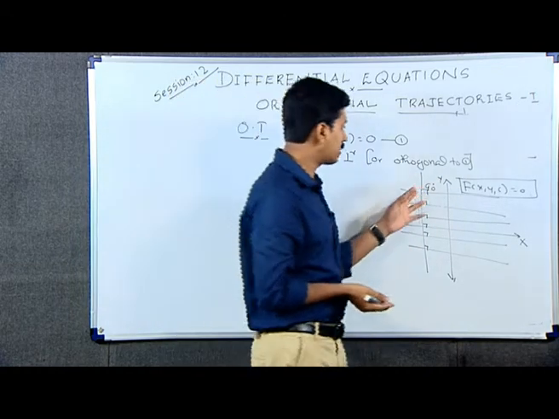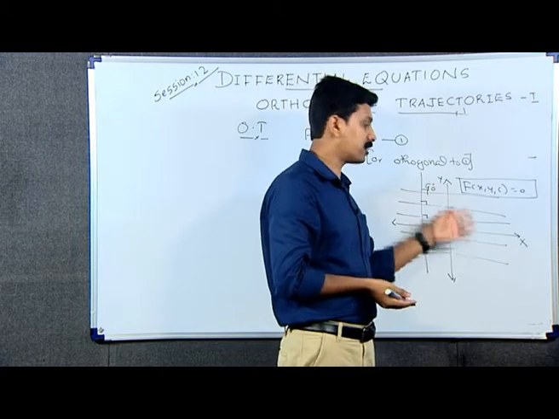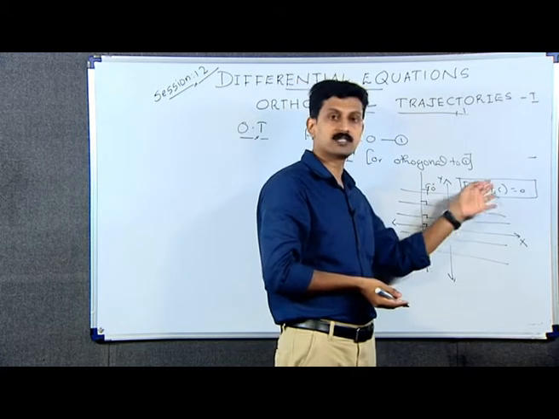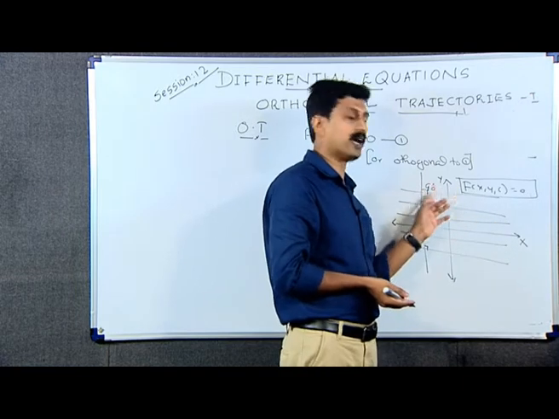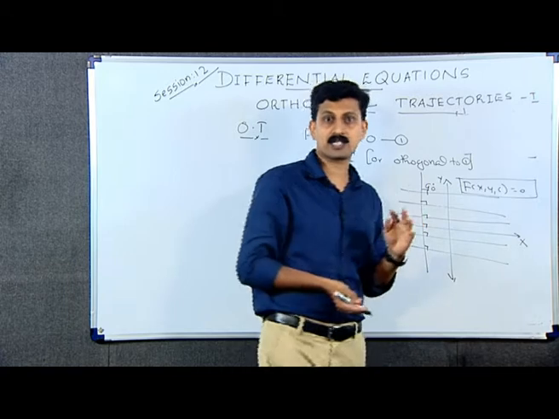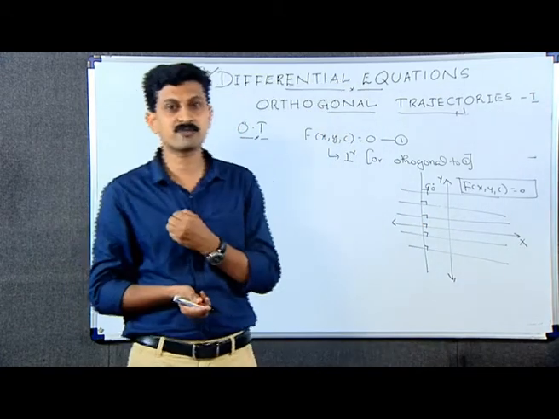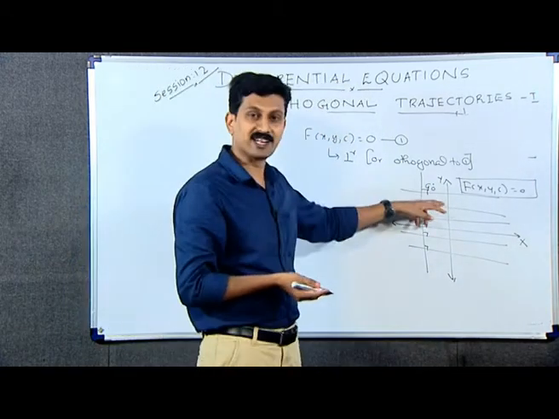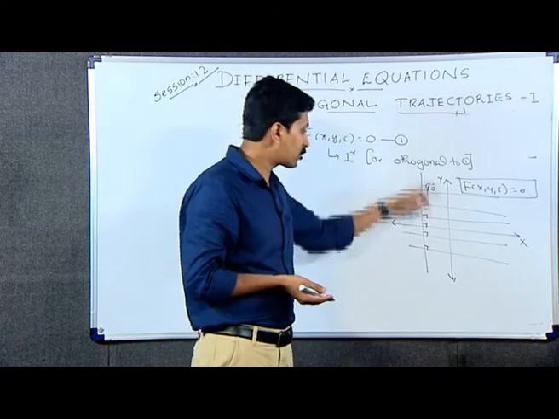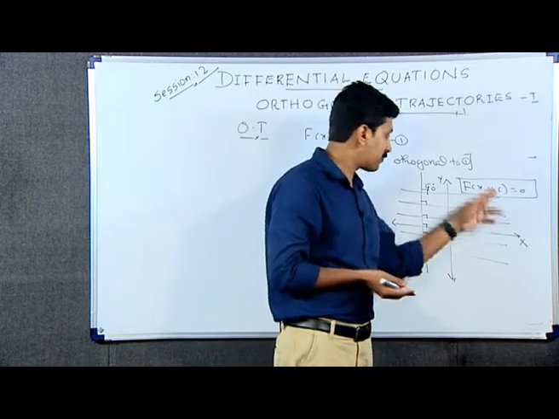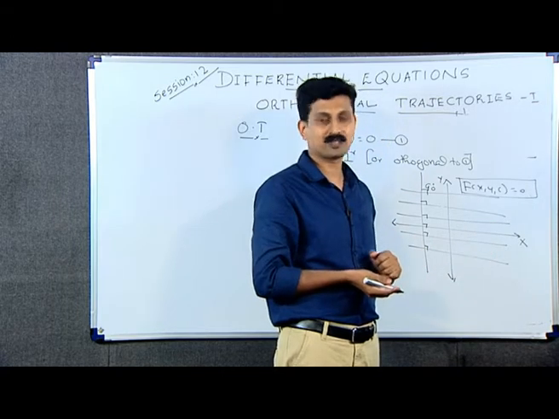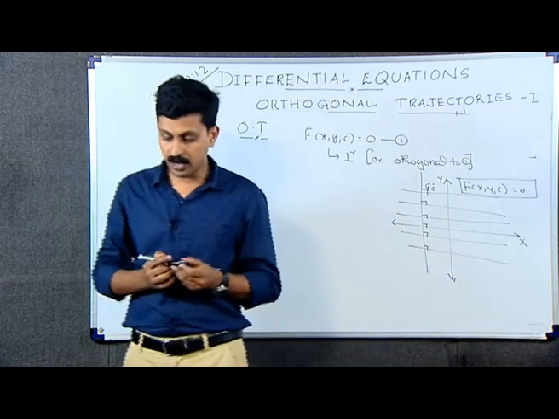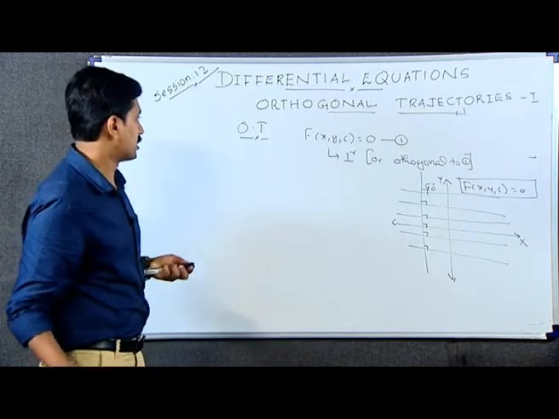We can draw an infinite number of lines which cross the family of straight lines parallel to the x axis at an angle of 90 degrees. So the set of all straight lines parallel to the y axis are the orthogonal trajectories of the family of straight lines parallel to the x axis. So our aim is to find the orthogonal trajectory.